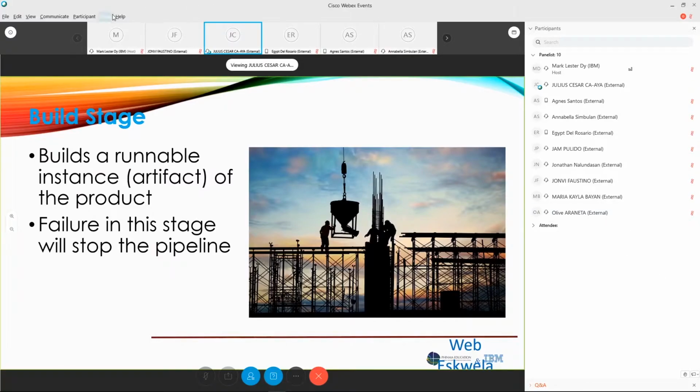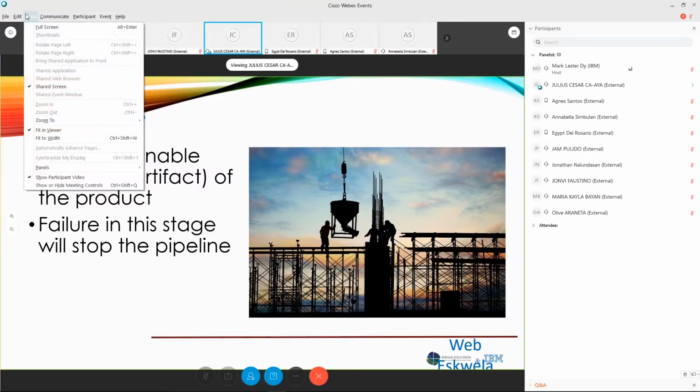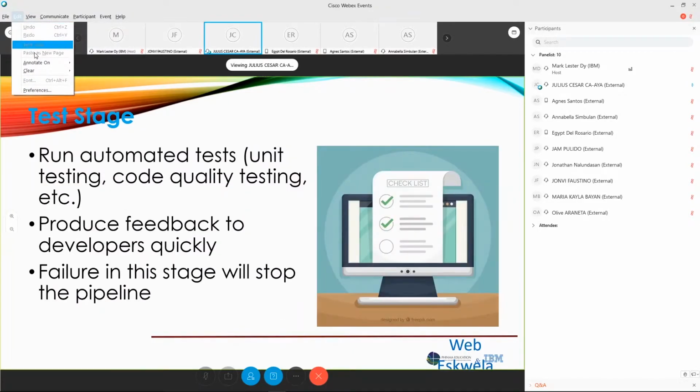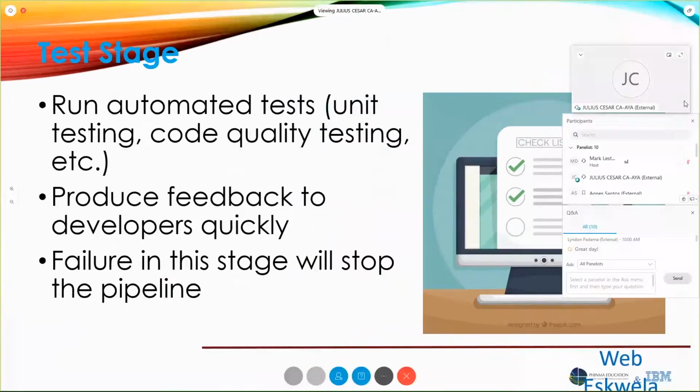Then whenever there is a failure in this stage in the pipeline, it will stop or it will not proceed to the testing stage. Kasi syempre, kailangan muna natin ma-check yung code kung buildable ba siya or makakapag-produce ba tayo ng artifact before it, di ba? So this is the test stage. So there is also a test wherein the codes are run into a static code analysis and run some tests like unit testing, functional testing, and other testings that you need on your projects.